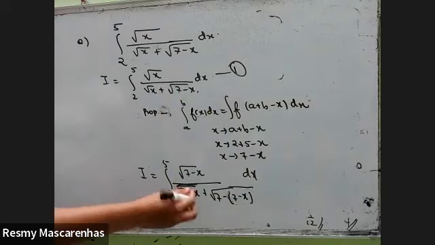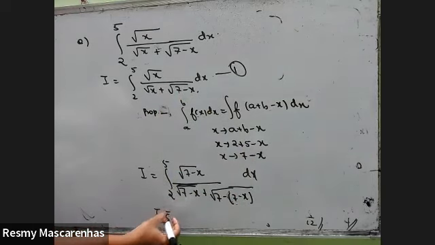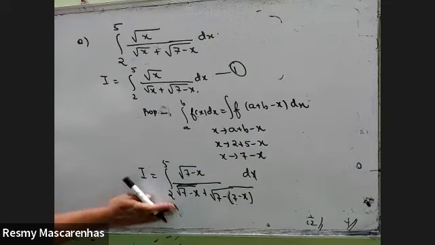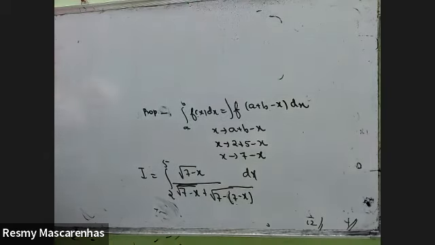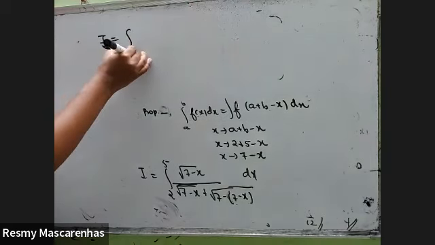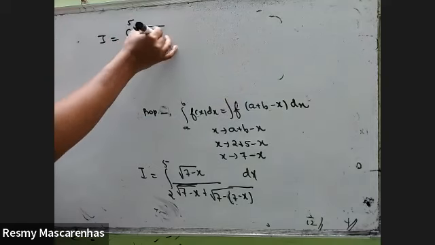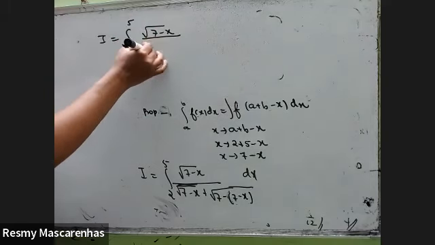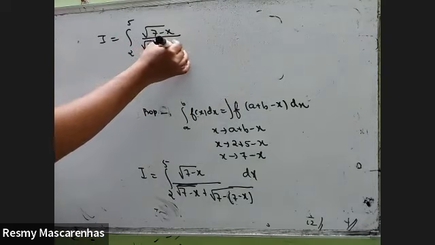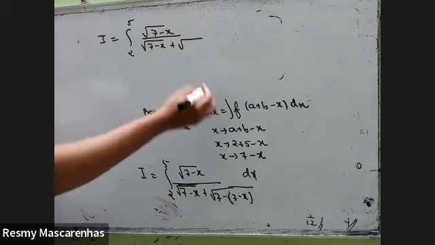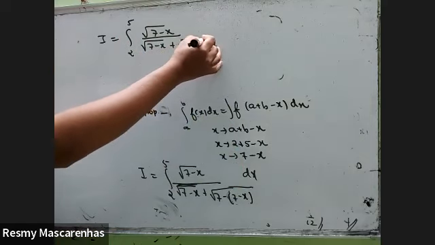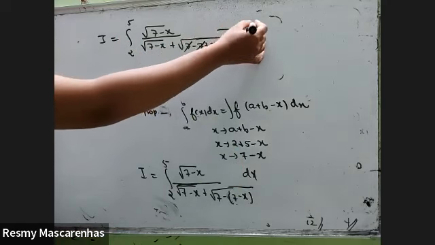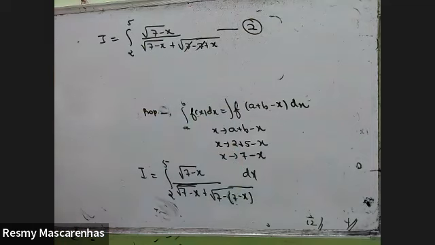Now open up the bracket. Minus or minus will give me plus. This is equation 2.